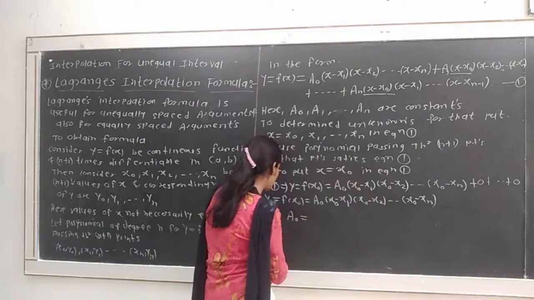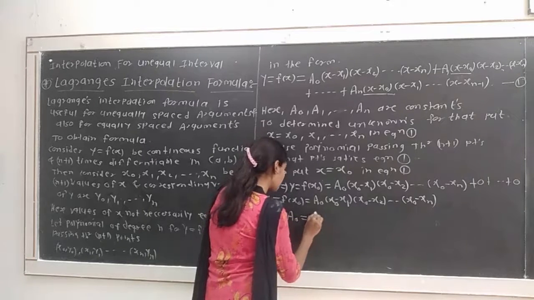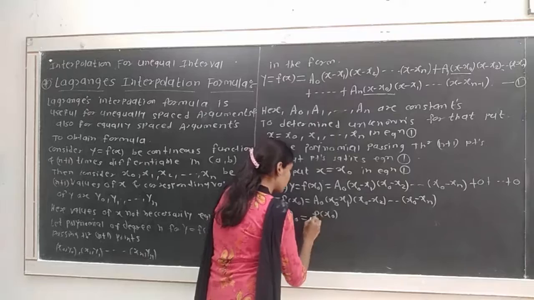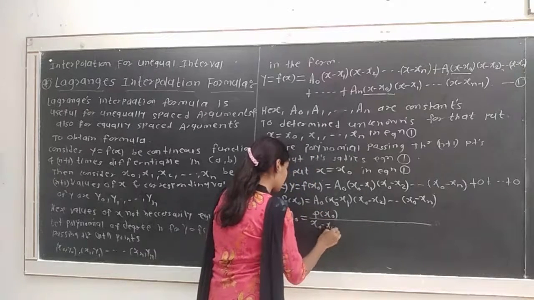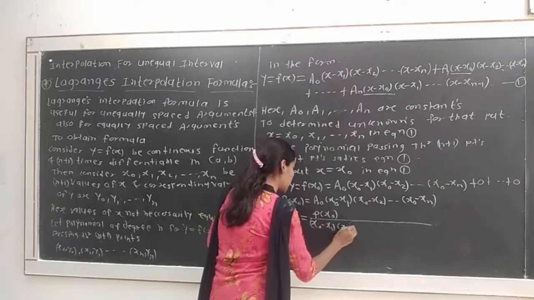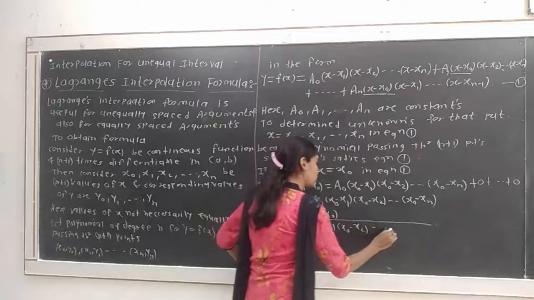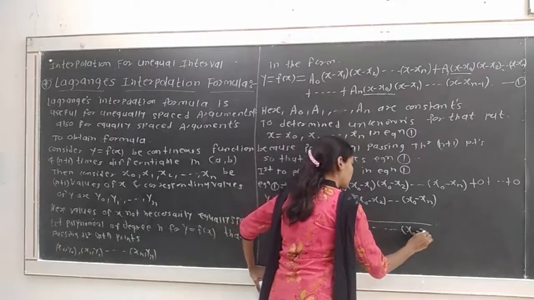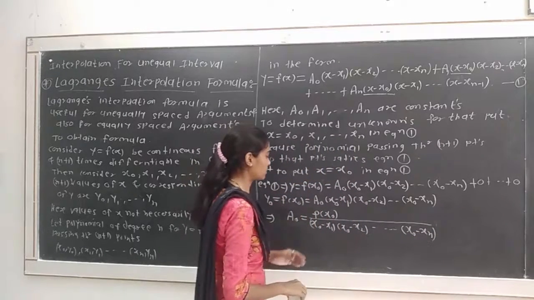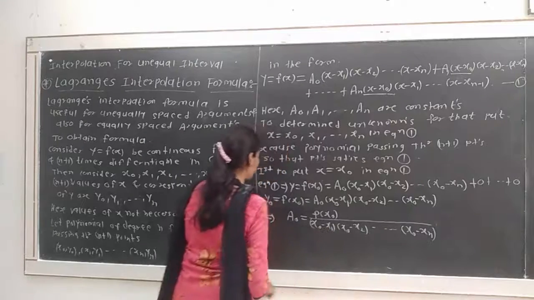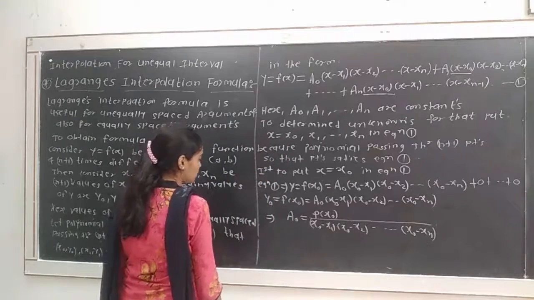So a0 is equal to f of x0 divided by these factors, x0 minus x1, x0 minus x2, up to x0 minus xn. So we have to get the value of a0 in this way.